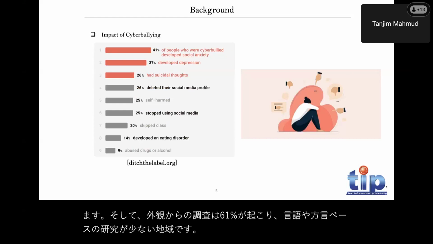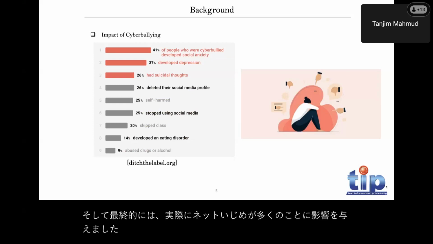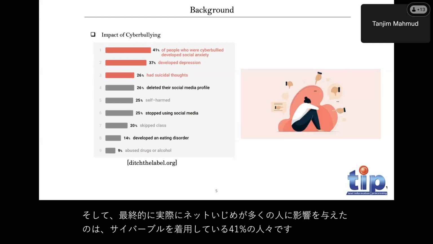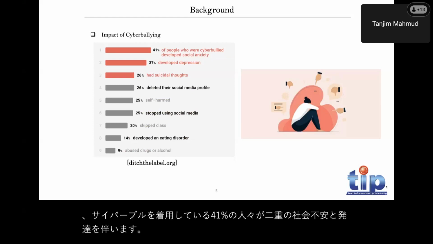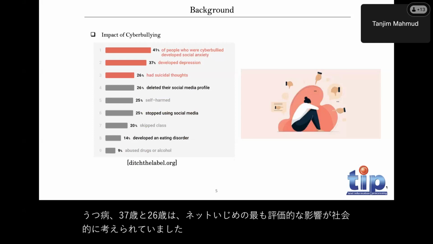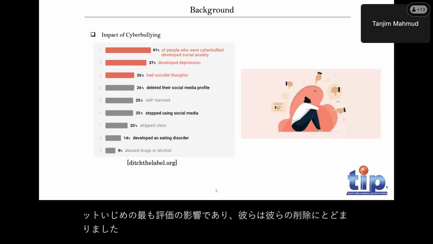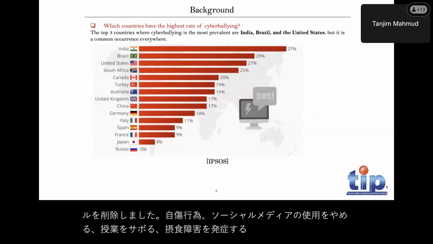And cyberbullying has a big impact: 41% of people who were cyberbullied developed social anxiety and depression. 37% and 26% had social thoughts, the highest rated impacts of cyberbullying. The remaining impacts include deleting their social media profile, self-harm, stopping using social media, skipping class, developing an eating disorder, and abusing drugs or alcohol.